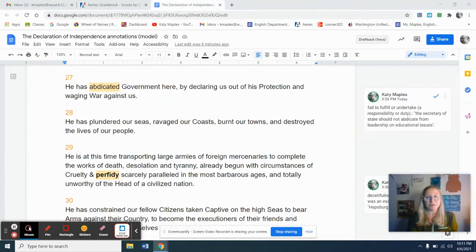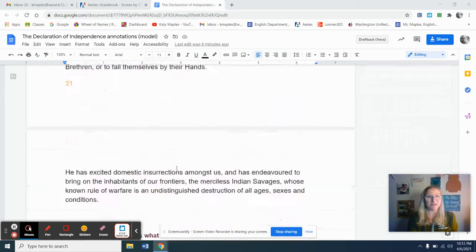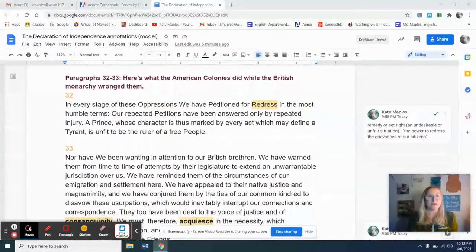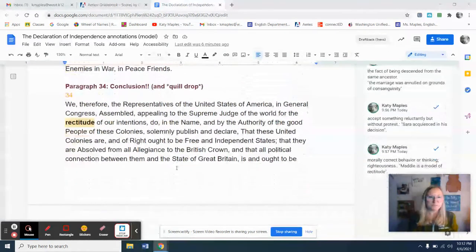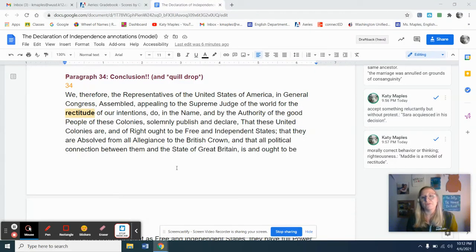So we're going to skip a lot of that list because it's so long. And then there's a couple paragraphs explaining all the things that the colonists did to try to fix things with the king. And then he just kept ignoring it. And then paragraph 34 is the conclusion, basically wrapping it all up and officially declaring independence from England, saying we are now the United States of America.